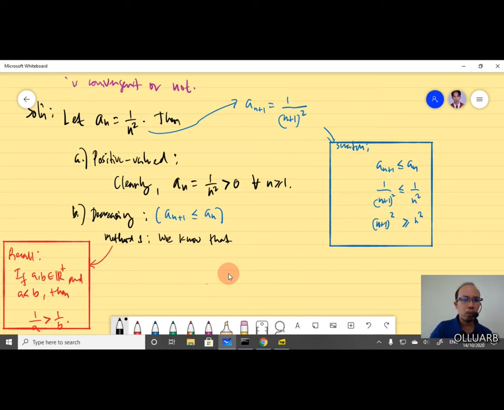Okay, so we know that n is greater, this one, this is right. So we know that n plus 1 is really greater than or equal.